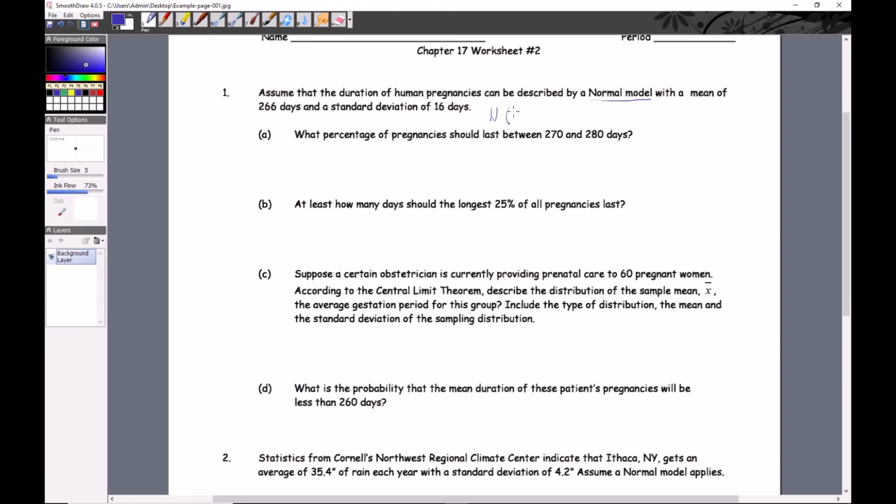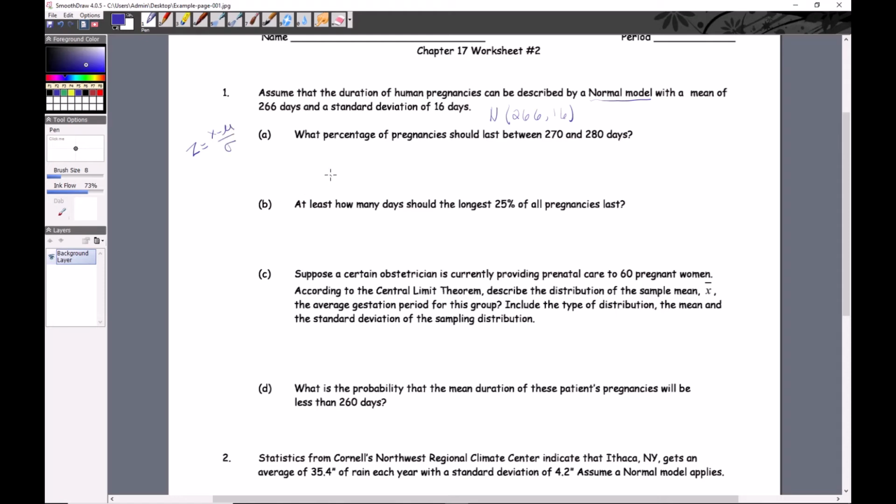This is normal with a mean of 266 and a standard deviation of 16. And so we're in just regular standard normal calculations for populations. No samples have been listed. So remember, we need to end up with z equals x minus mu over sigma.